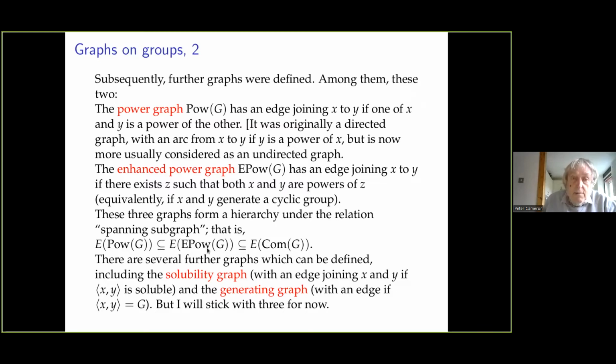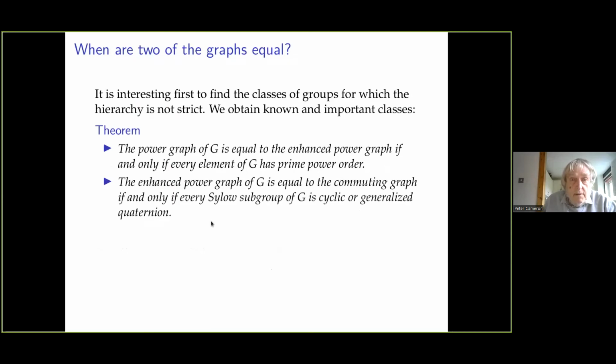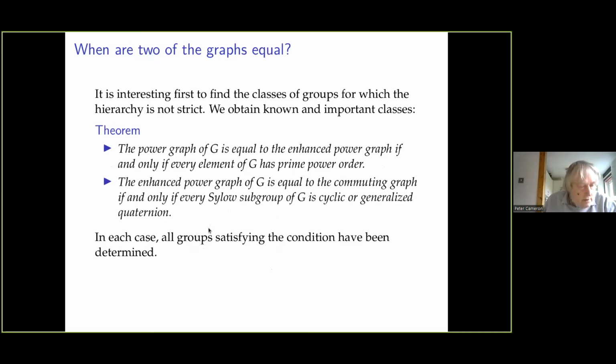I think there are some interesting questions about those. You could ask about their connectedness, their connected components, their diameter, things like that. But very little has been done about that. But I'm going in a different direction.